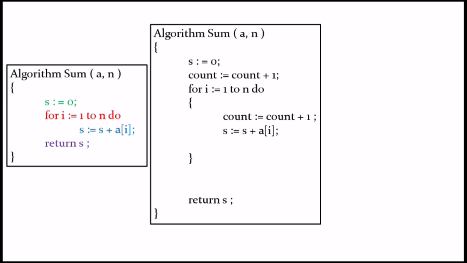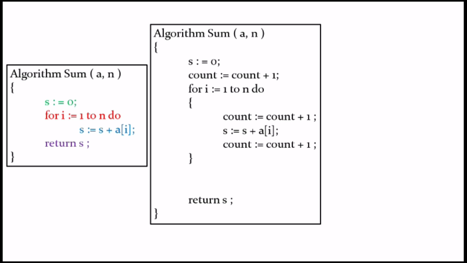Next, there is another statement in the for loop, that is s equal to s plus a of i. This statement is also repeated n times. So for that also we will take another count statement. This count statement is for s equal to s plus a of i, and it is also repeated n number of times.